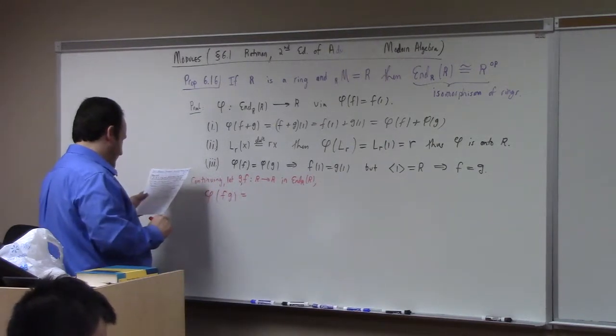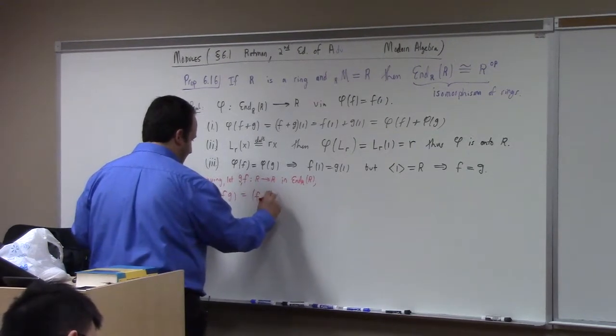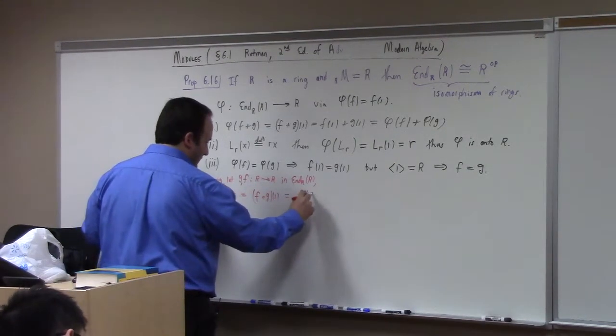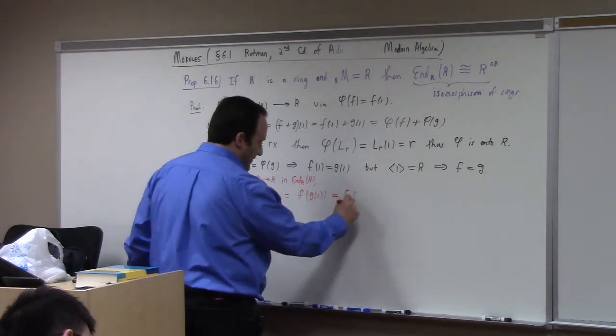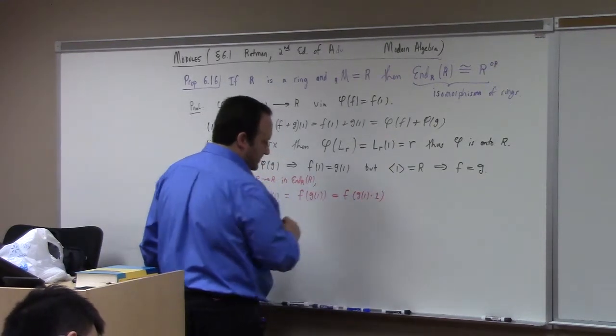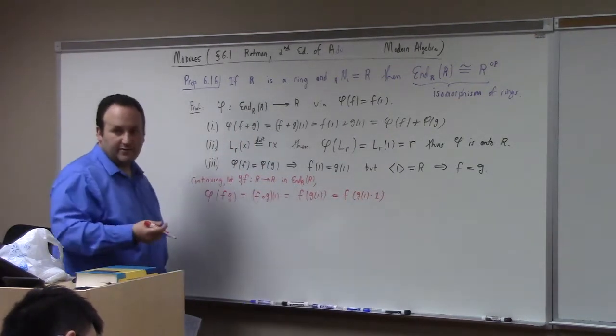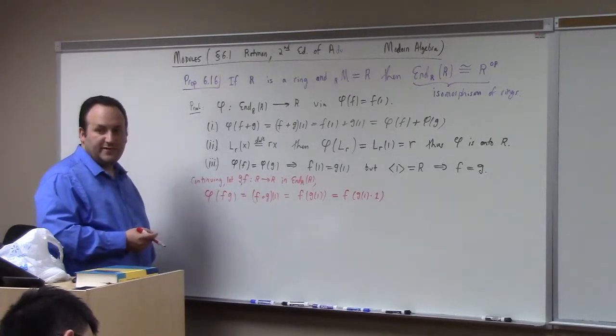Phi of fg is f composed with g acting on 1, which is f of g of 1, which is f of g of 1 times 1, because it's a ring. You can always multiply by 1, right? But then f is an R map, which means we can pull R scalars out.